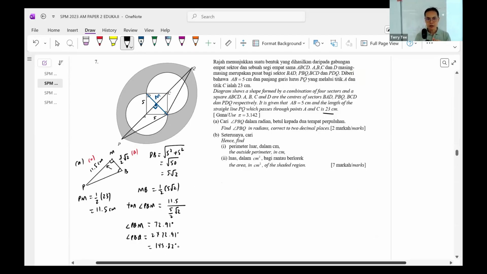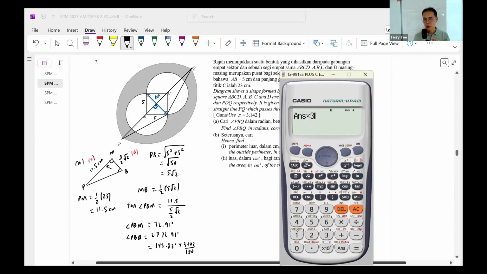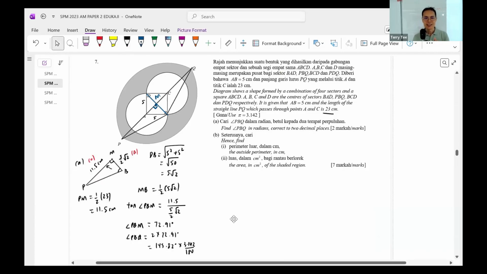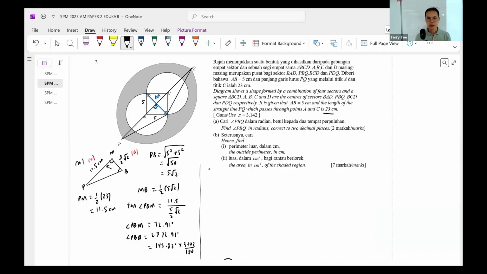We want it to be in radians. So you multiply by pi, 3.142 over 180. So I'm going to take this answer times 3.142 over 180. You should get 2.545. Okay, I'm running out of space. Let me continue here.